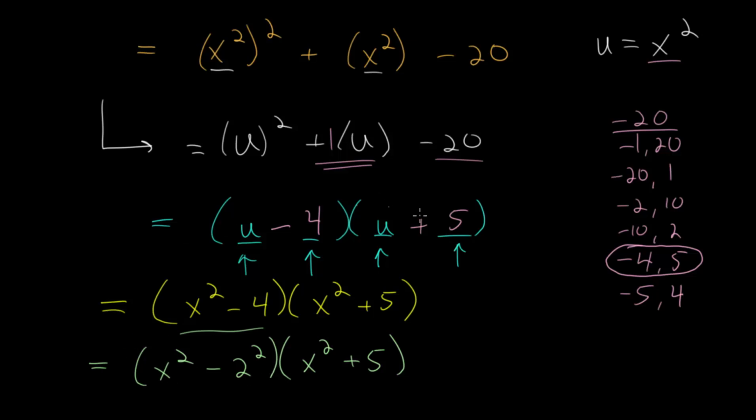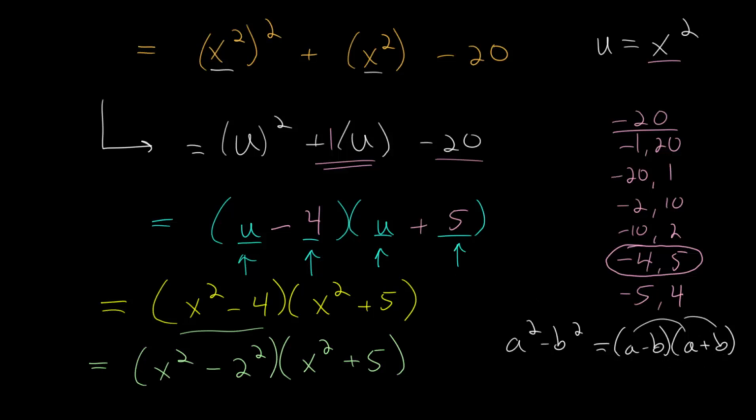In fact, we could just use the method we used here to factor a quadratic, or we can remember that when we have a difference of two squares, let's say we have a squared minus b squared, that this factors to a minus b multiplied by a plus b, and this can be verified by just remultiplying this out.